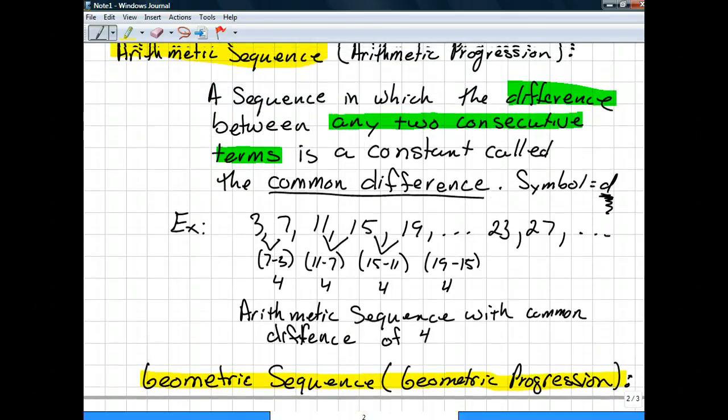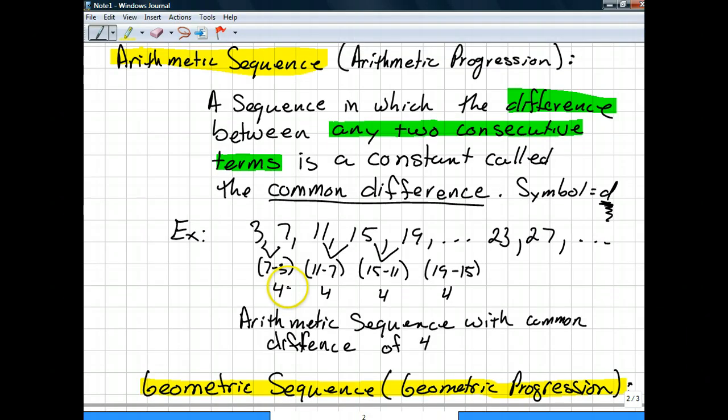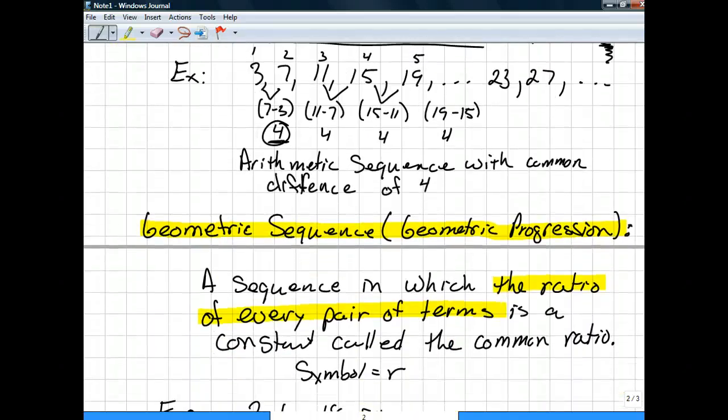The thing that tells you it's arithmetic is that if this is term 1, term 2, 3, 4, 5, when you take term 2 minus term 1, you get a 4. When you take term 3 minus term 2, you get a 4 again. And so that is a constant that you find throughout the whole sequence. So that tells you it's arithmetic.